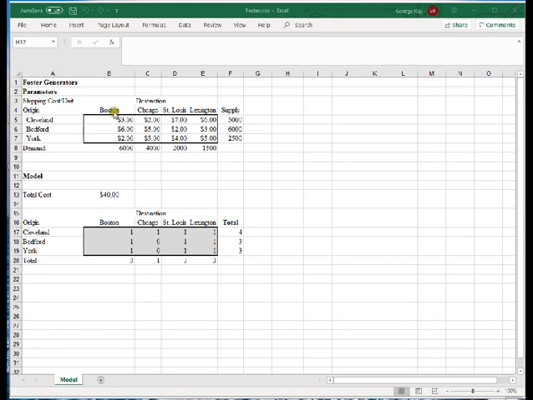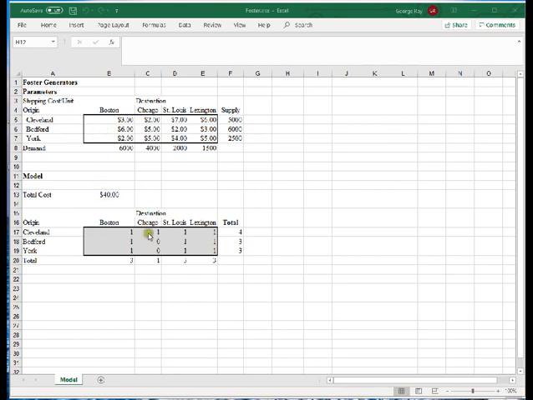So the top table represents the cost of shipping from each origin to each destination. Cleveland to Boston, $3, Cleveland to Chicago, $2, Cleveland to St. Louis, $7, and so on.